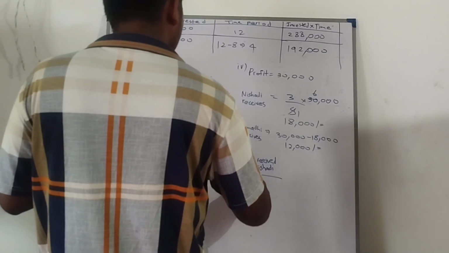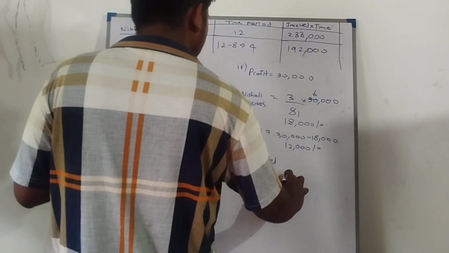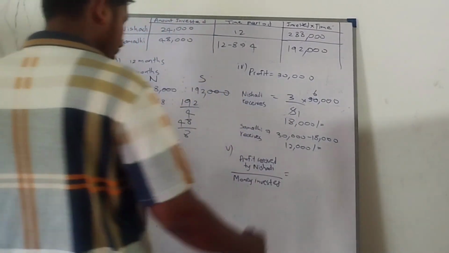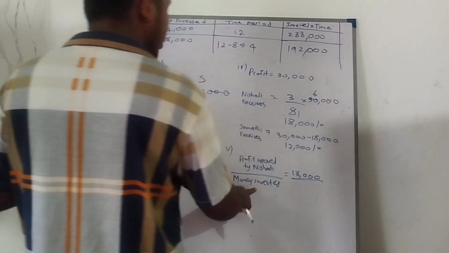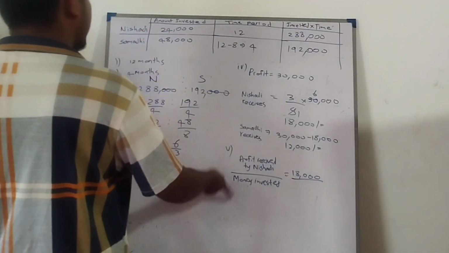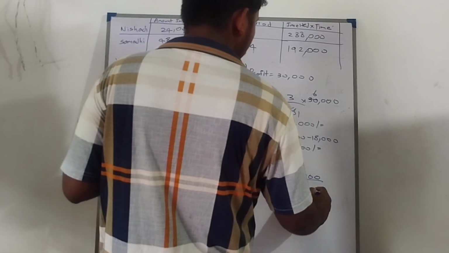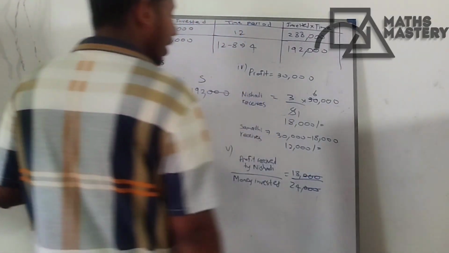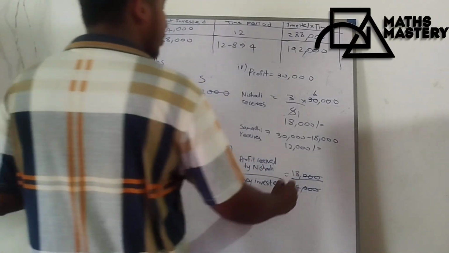So see students, what is the profit Nishadi had received? 18,000. In the question they are asking for the fraction. So the money invested by Nishadi is 24,000. So three zeros cancel. 18 and 24 can be simplified by 3.